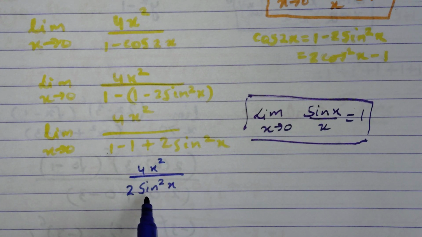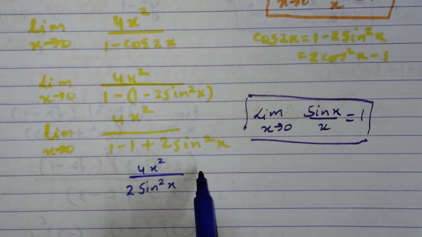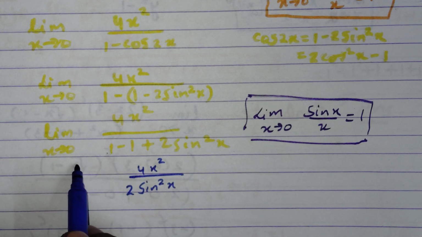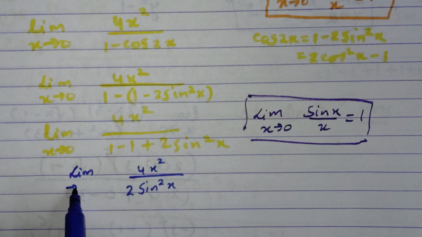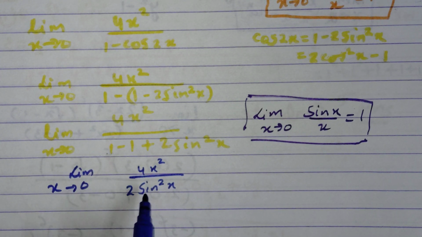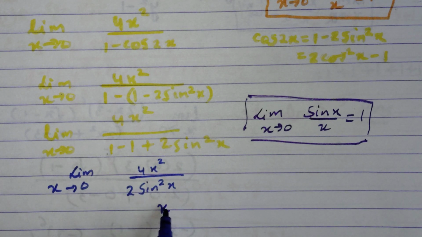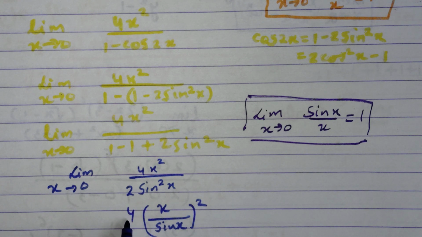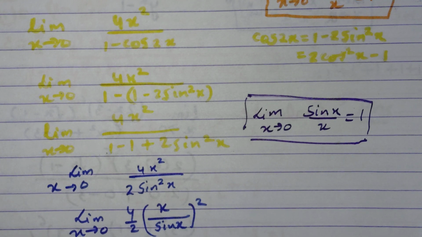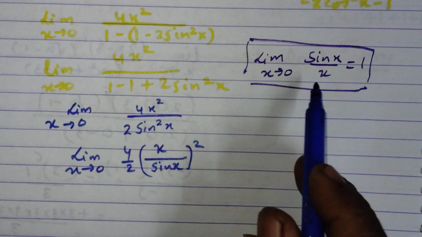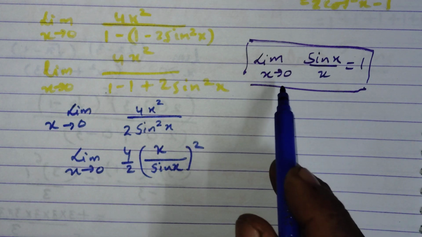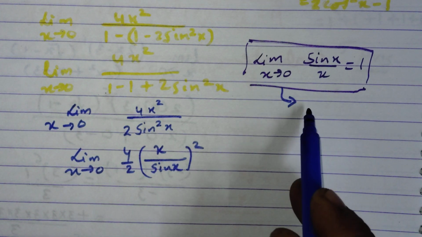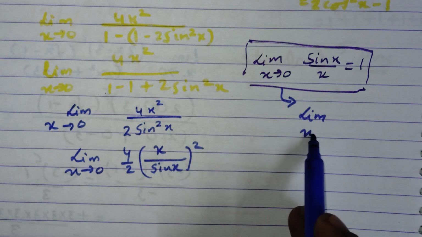So 4x square upon 2 sin square x is left. What we do is divide, and here limit x tends to 0 is there. So x upon sin x, this square can be taken common. Outside there is 4 upon 2, and outside there is limit x tends to 0. Our identity says this, and this is also true when we take the reciprocal on both sides.